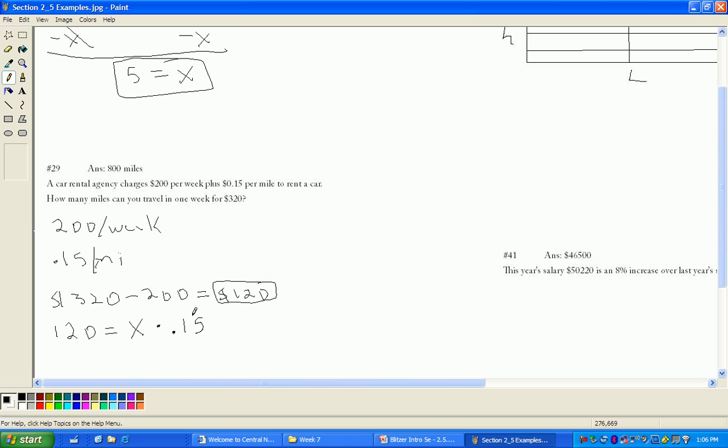We have to use a little bit of our intuition and read things carefully to figure this out. To get x by itself, I divide both sides by 0.15. And 120 divided by 0.15 gives us 800.